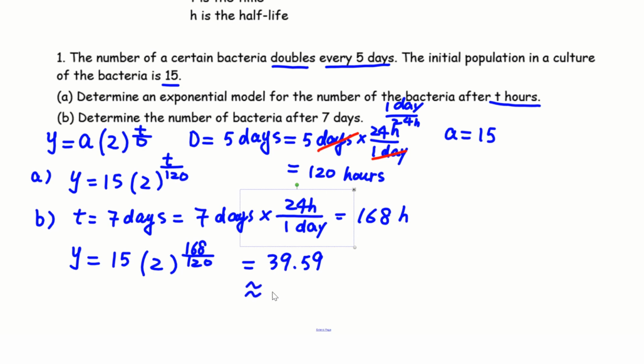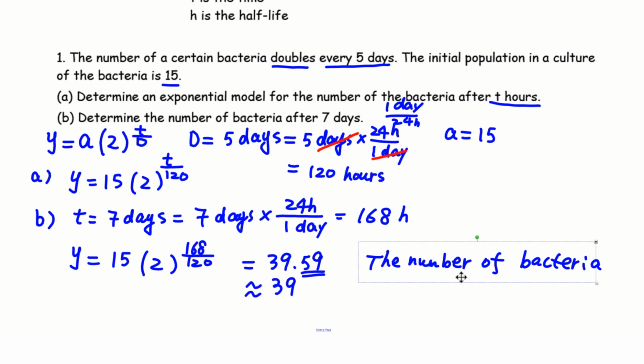And for a living item, we are going to round it off. As long as it's not a whole number, we round it off. So the statement will be the number of bacteria after 7 days is 39.